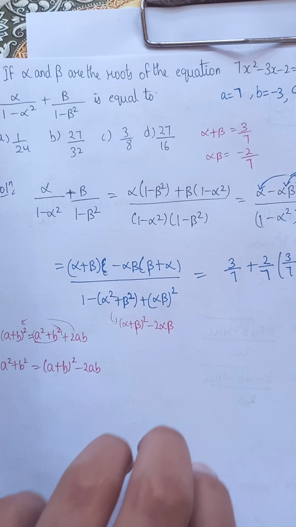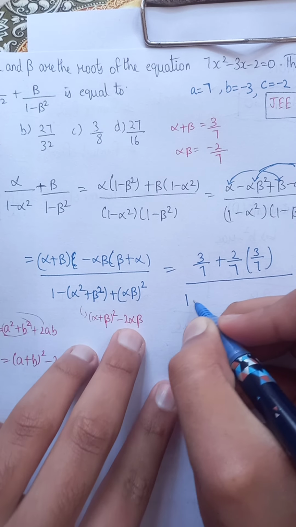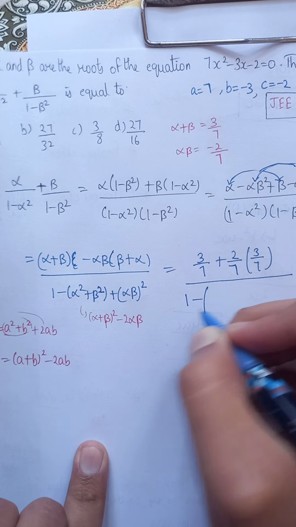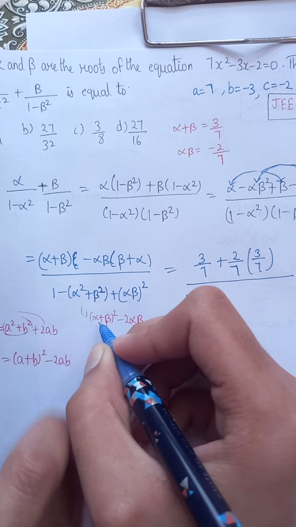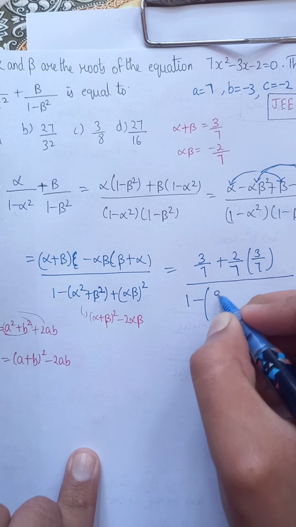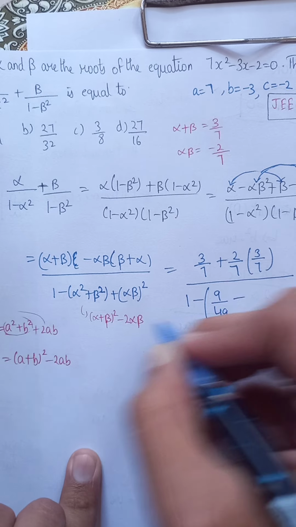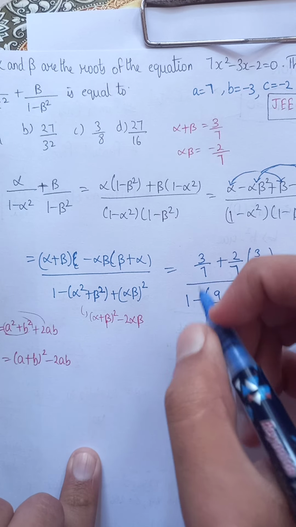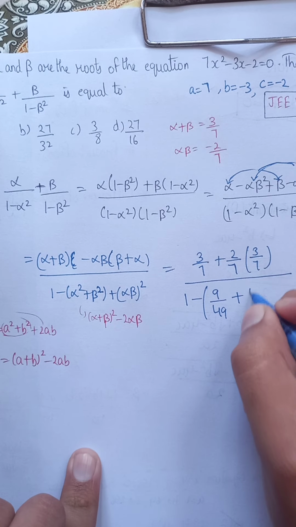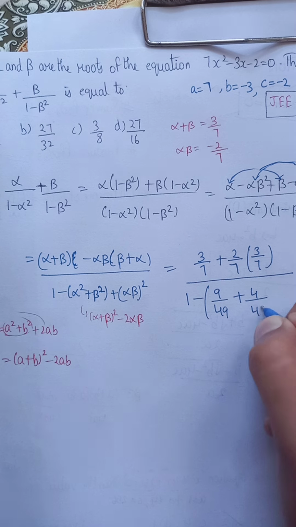Yes. So what you do is, divided by 1 minus, alpha plus beta whole square inside. Alpha plus beta whole square is nothing but 3 by 7 whole square, 9 by 49, minus 2 into alpha beta, minus of minus plus, 2 2s are 4, 4 by 49.